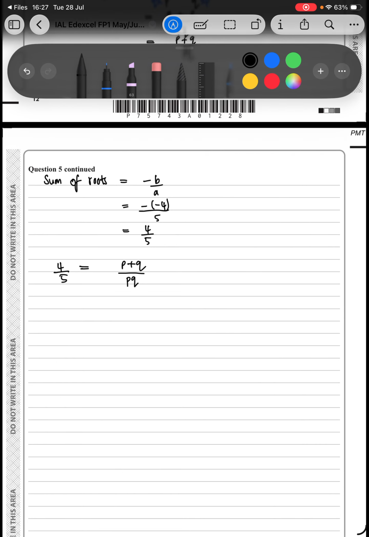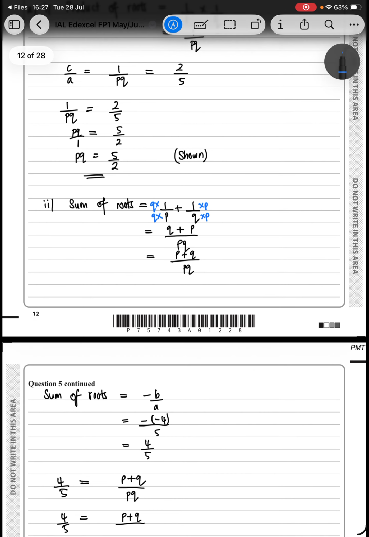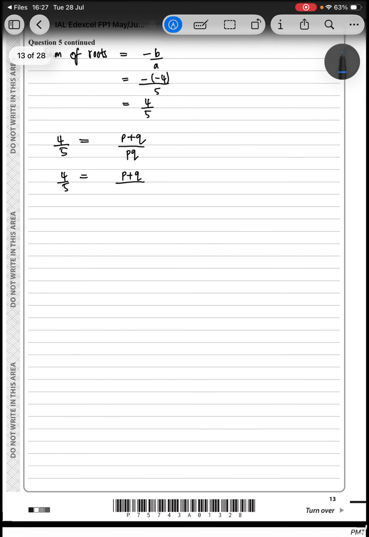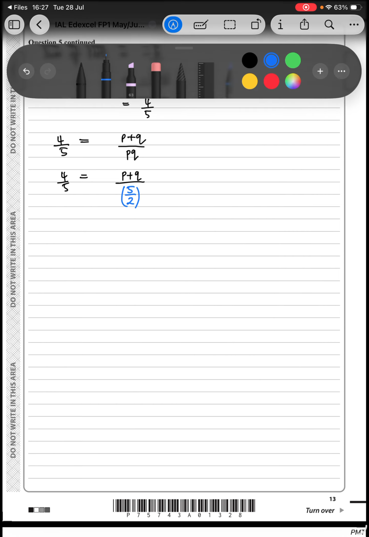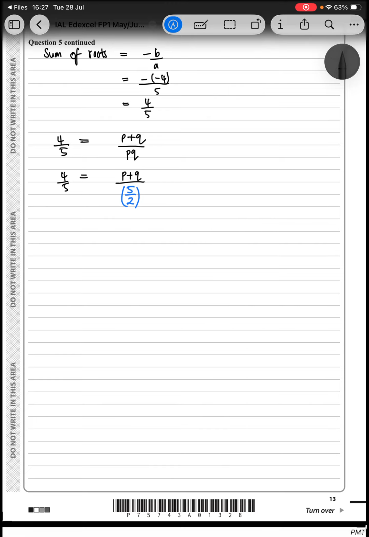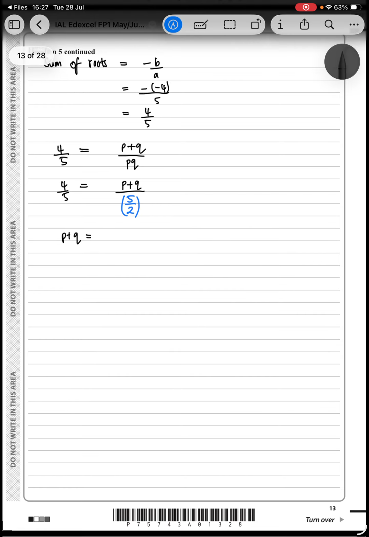So 4 over 5 is equal to P plus Q over PQ, which, as we found earlier, is 5 over 2. Now to find P plus Q for part 2, we take the 5 over 2 to the other side. So 4 over 5 gets multiplied by 5 over 2.